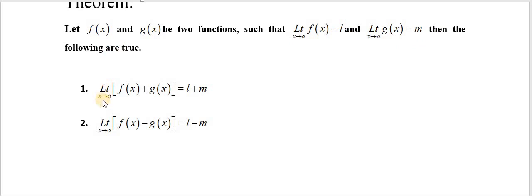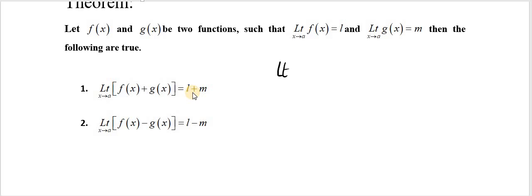First one, limit x tends to a of f(x) plus g(x) equals L plus M. That means we are going to apply limit for f(x) and limit for g(x) separately.